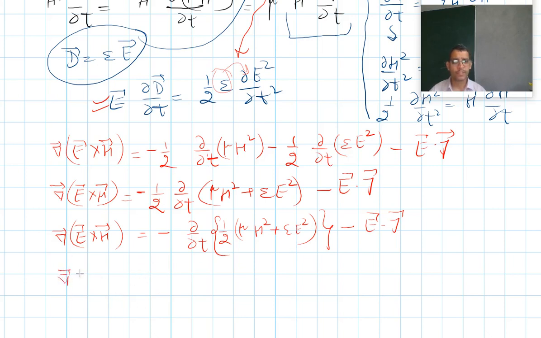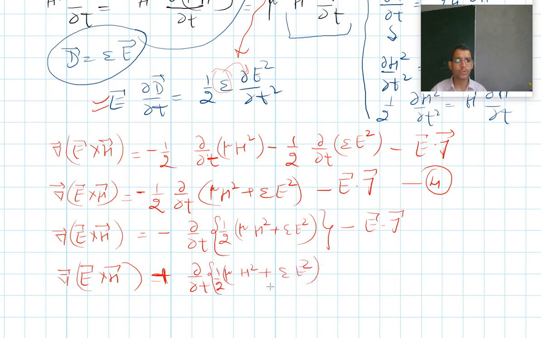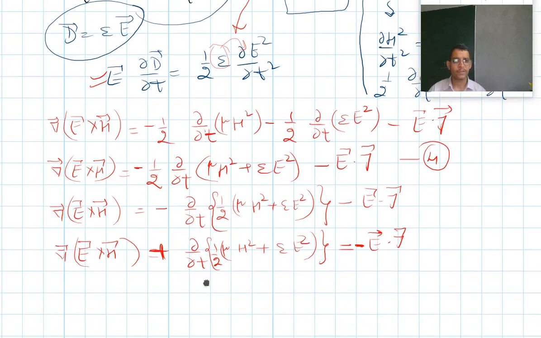And if we bring this towards here, E cross H, and let us call this equation number 4, it is equal to this one, and bringing this to this side, then curly over curly t of 1 by 2 mu H square plus epsilon E square is equal to minus E dot J. Now let us try to understand what it means.